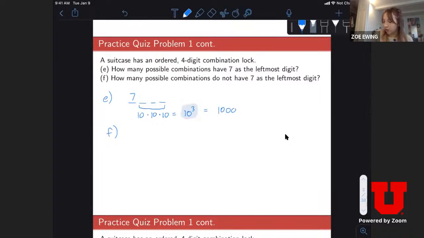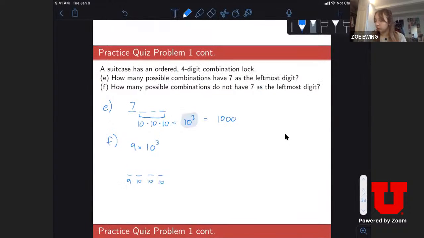Yeah, exactly. So I assume what you did, 2, 3, 4. Let's try that again. We have 9 options here to fill in because we don't want a 7, and then we can choose anything else for the other 3, which is 9 times 10 to the 3rd. The other way that we can figure it out is using the rule of complement.